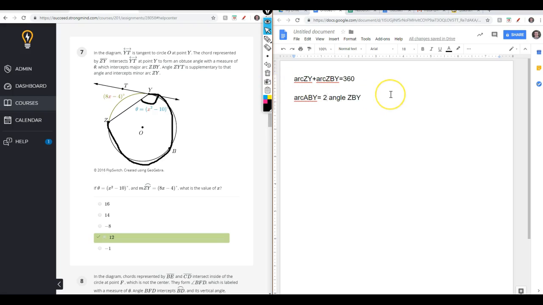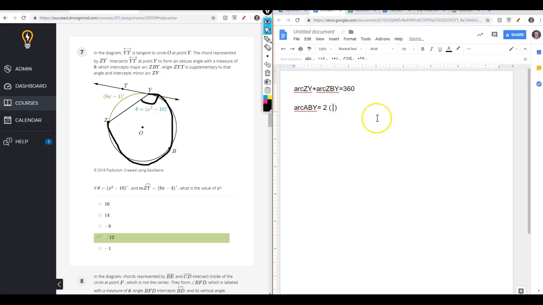So 2 times our angle ZBY. So we know that angle ZBY is x squared minus 10.